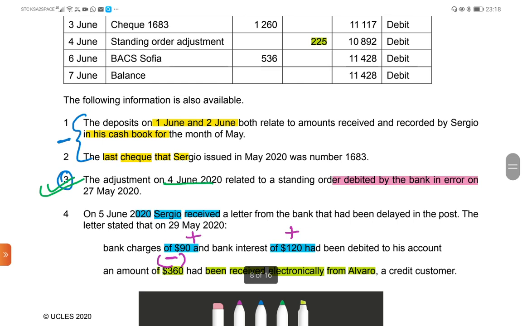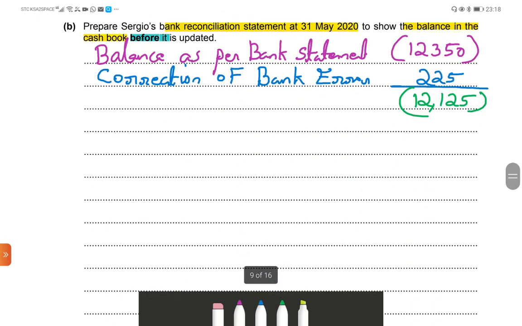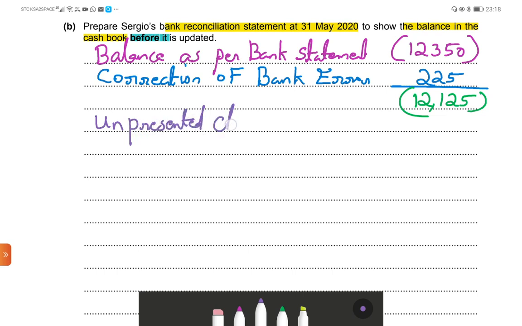Second, we have to do the unpresented cheques. So adjustments 1 and 2 are the unpresented cheques we have to deduct. Unpresented cheques are given first.